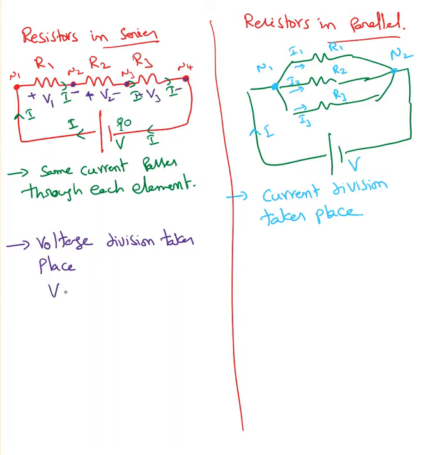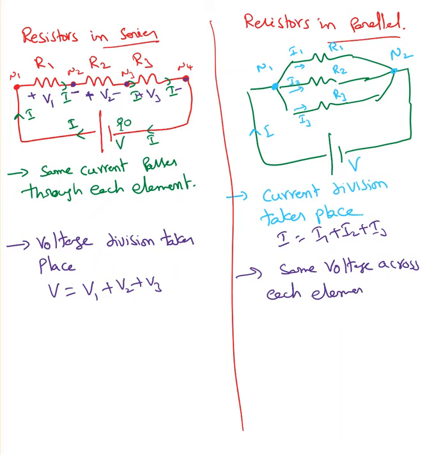So the total supply voltage V equals V1 plus V2 plus V3. Same thing in parallel, where current division takes place, right? So I equals I1 plus I2 plus I3. Now here, when they're in parallel, there is the same voltage across each element.